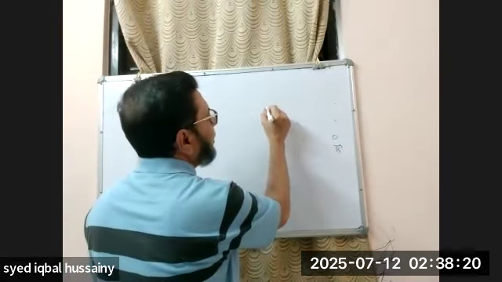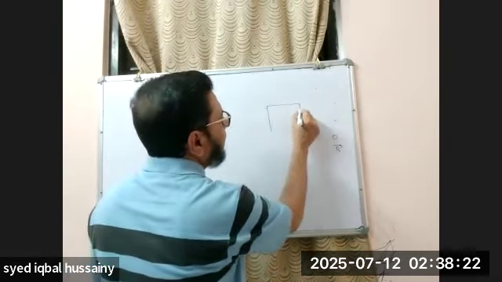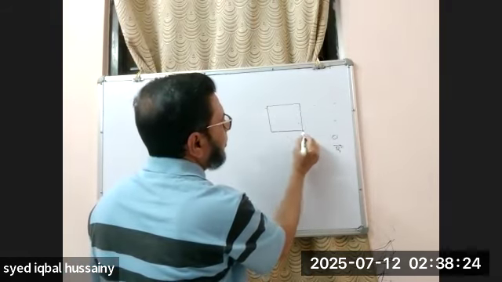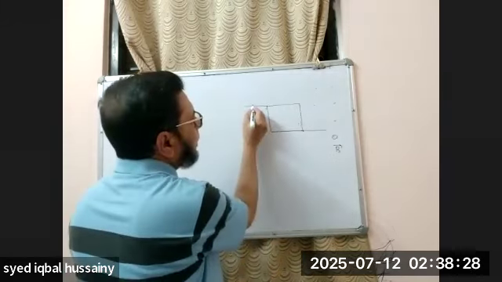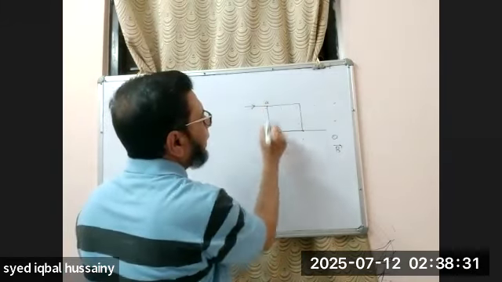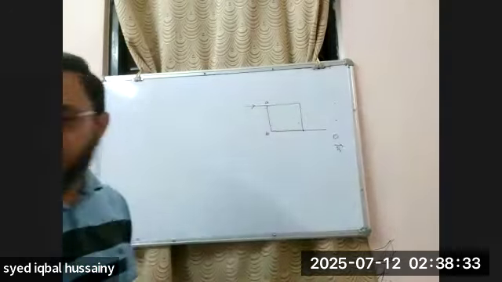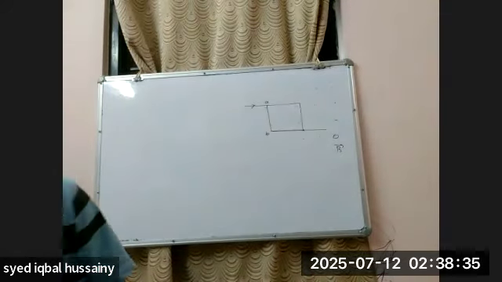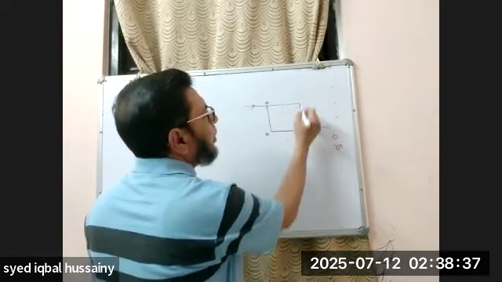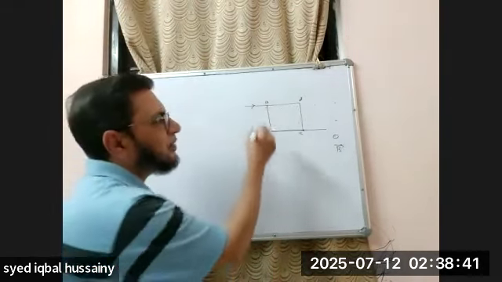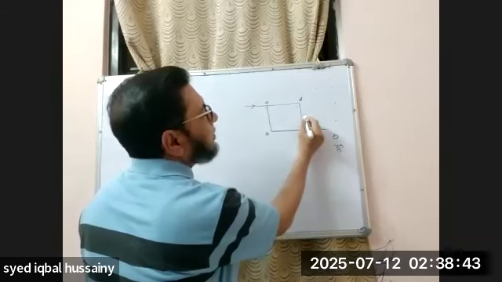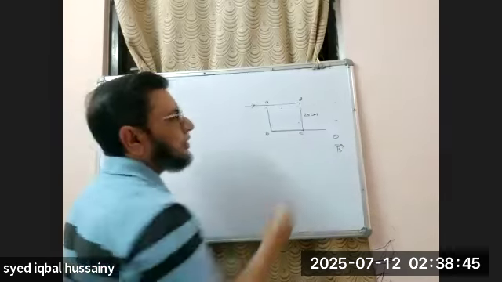Here I am taking a square element ABCD. So ABCD is a square element. The length of one side of the square is given, 20 centimeters.